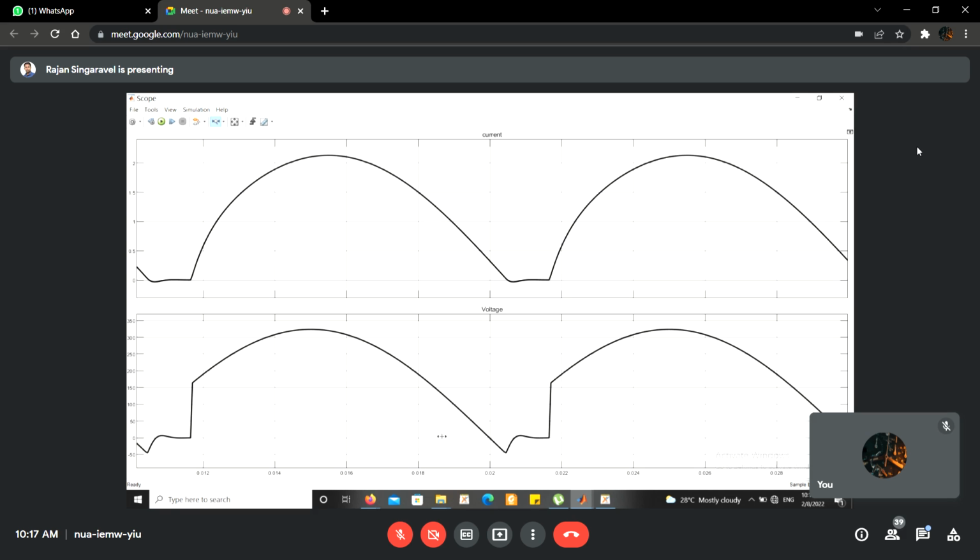Omega L divided by R with R of 150 ohm, tan inverse of 0.15707. It is coming around 9 degree, right? That's all. Only 9 degree is the load angle.